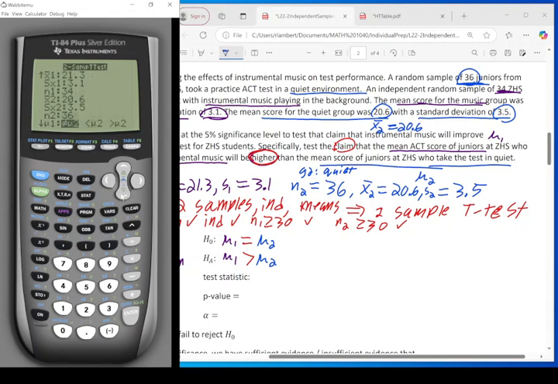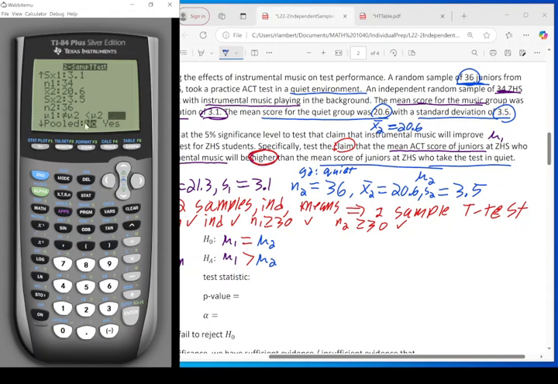And then we put our alternative hypothesis right here. If you see on the screen the up and down arrow, that means you can use your up and down arrows to scroll for more options. So I just scroll to this one, and we're testing the hypothesis that mu1 is greater than mu2. So we'll choose mu1 greater than mu2 right here.